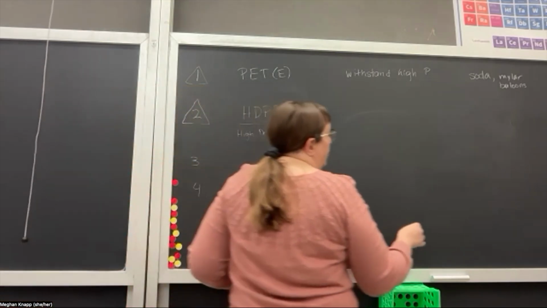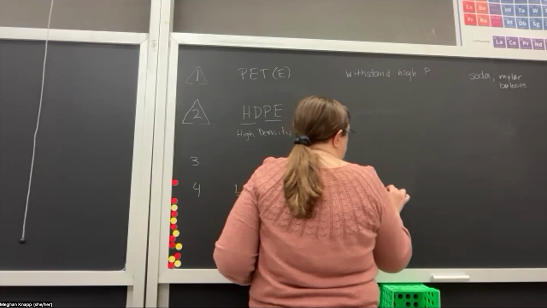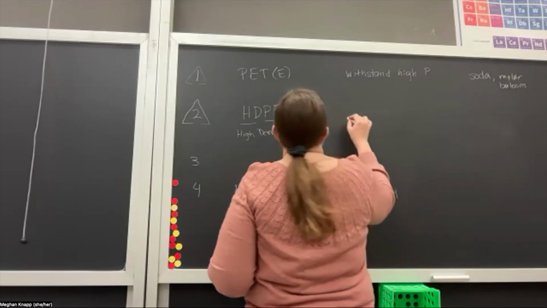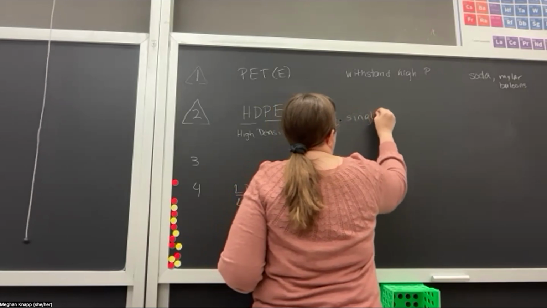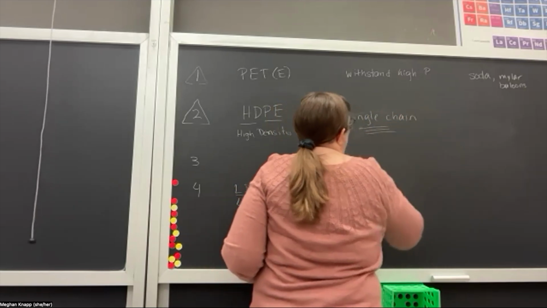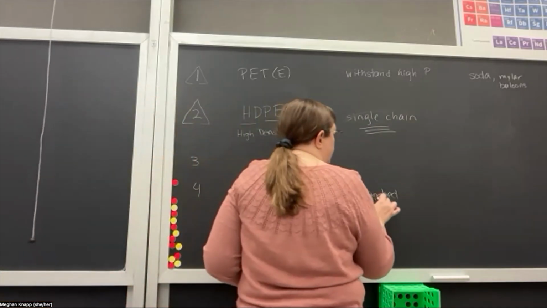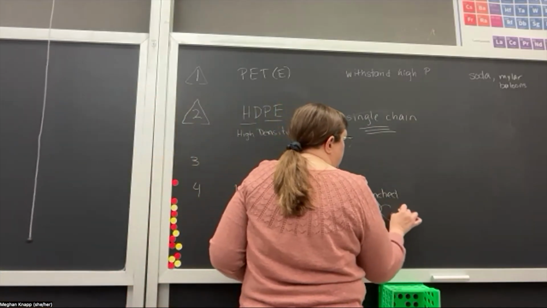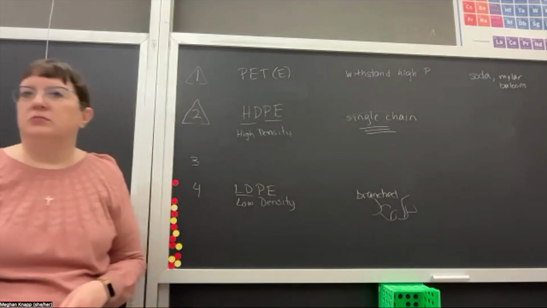So this one is branched chains, and this is single chain. So the polymers might be lined up like this, whereas this one, we can't get things close together because the polymers are all sticking out.